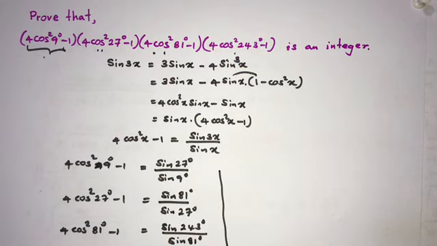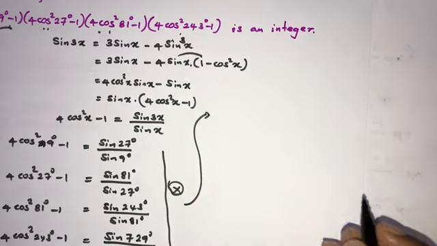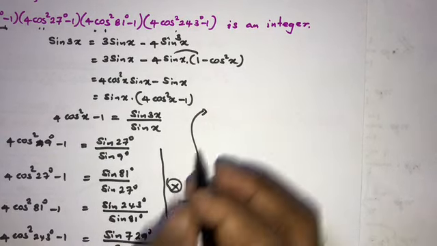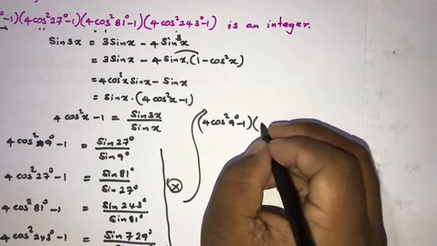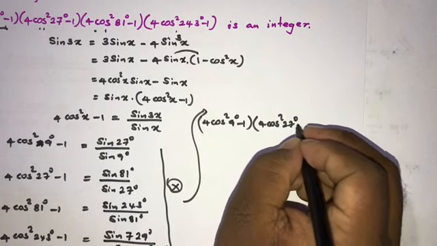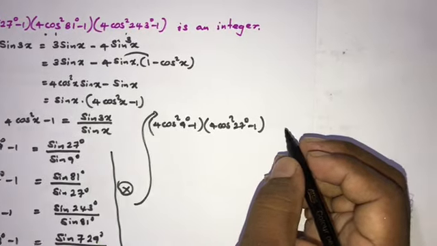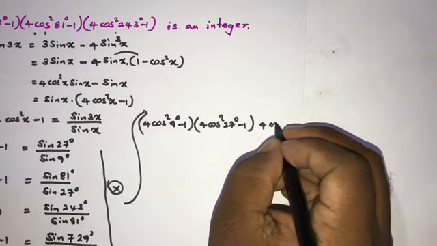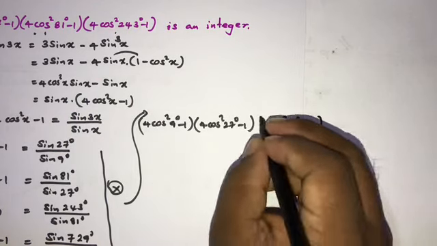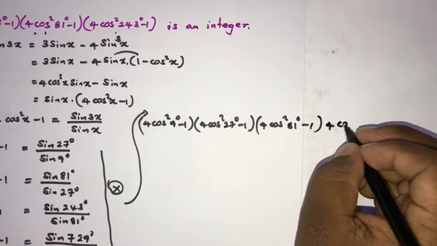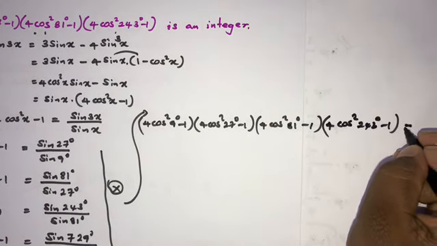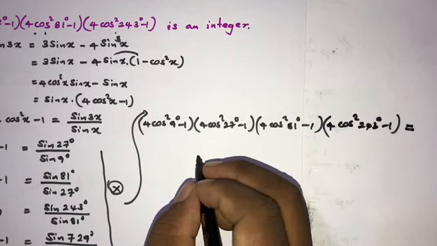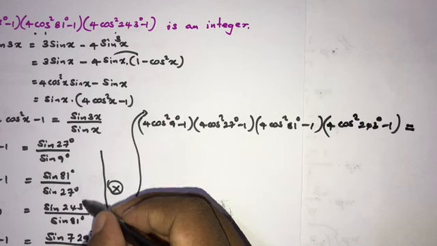So now we can take the product. If we multiply these terms, 4 times cosine square of 9 minus 1, 4 times cosine square of 27 minus 1, times 4 times cosine square of 81 minus 1, 4 times cosine square of 243 minus 1, now this is equal to the product of these terms.